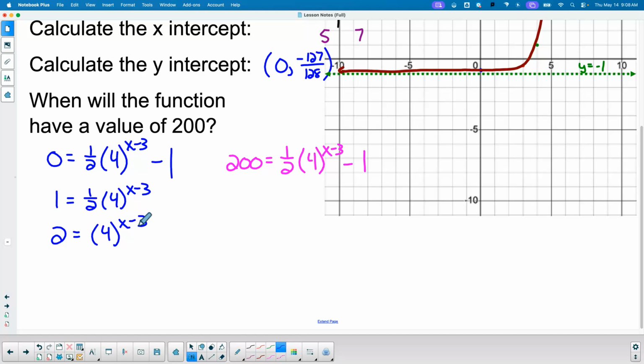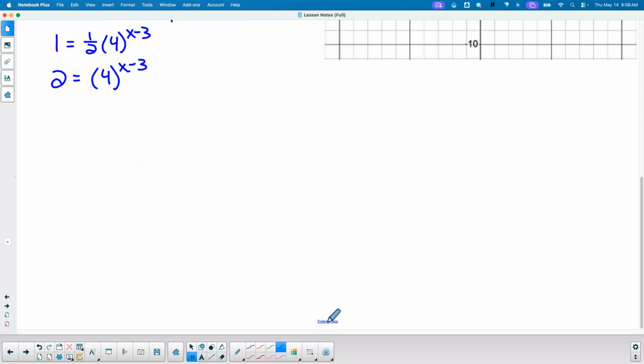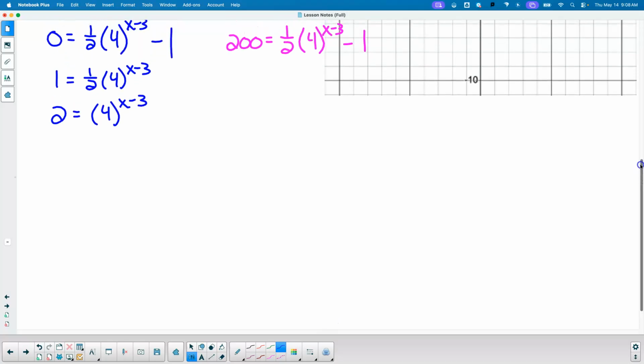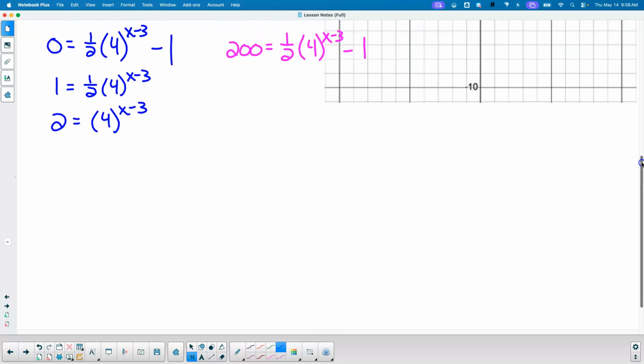Now what? Two equals 4 to the x minus 3 power. What do we do next? How do I know that x minus 3 equals 1/2?